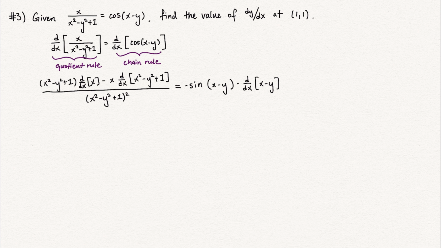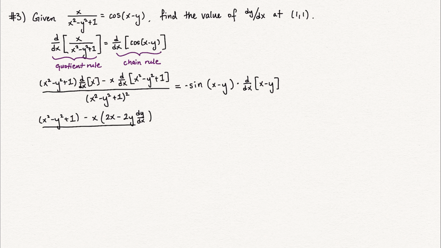All right, and now let's work out each of these smaller derivatives that popped up when we used the quotient and the chain rule. On the left-hand side, we're going to get x squared minus y squared plus 1 times 1, that's the derivative of x, minus x times the derivative of x squared minus y squared plus 1, which will be 2x, minus the derivative of y squared will be 2y times dy dx, and then plus 0, that's the derivative of 1.